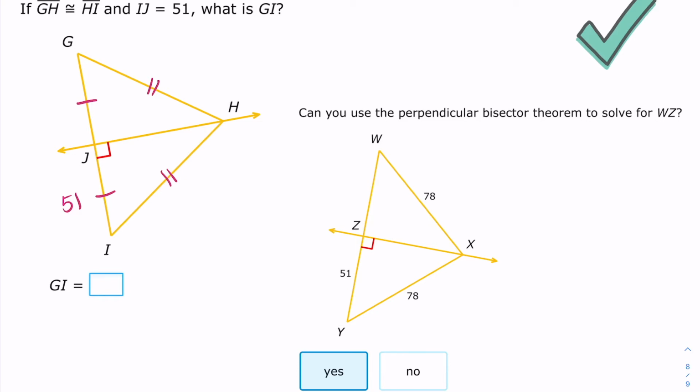Now notice I don't have values for GH and HI, but it doesn't matter. I put my tick marks in, and the assumption I'm making is that they're congruent because they tell me. So it's not really an assumption. It's a fact here. So IJ is 51. That has to be congruent to GJ. So GJ will also be 51.